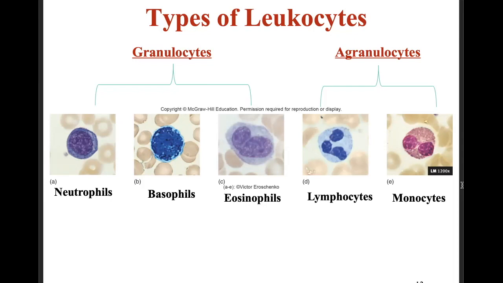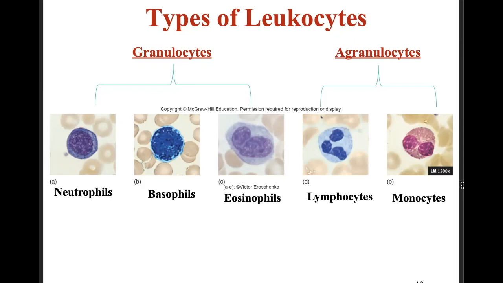Let's move to the other side, your lymphocytes and your monocytes. Your lymphocytes are usually for the immune response. There are several different types, like your T cells and your B cells, and they lead to the production of antibodies.